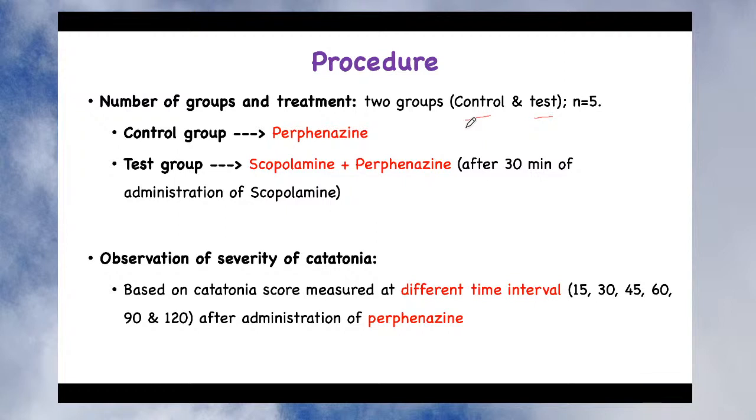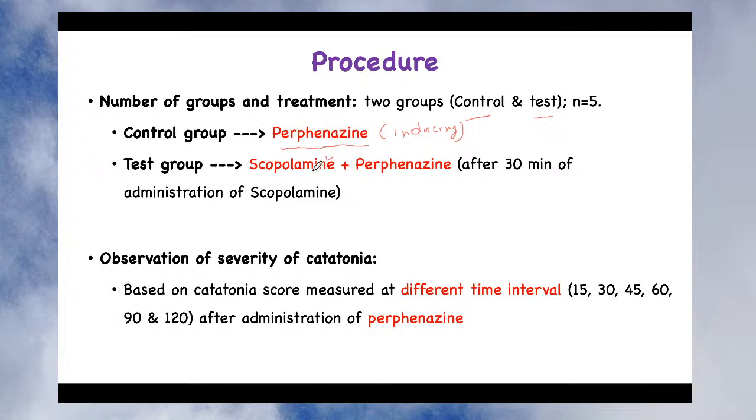Okay, so when you select the first group, that is the control group, in the control group you need to just give the inducing agent. What are you giving? Perphenazine. Perphenazine is the drug to induce catatonia. Whereas in the test group, you have first given scopolamine. Scopolamine is an anti-Parkinson drug.